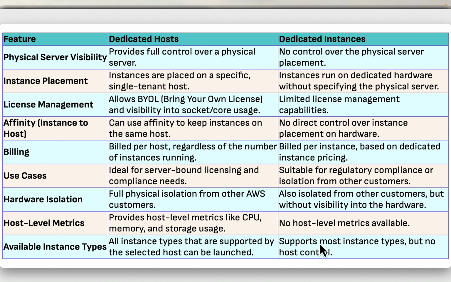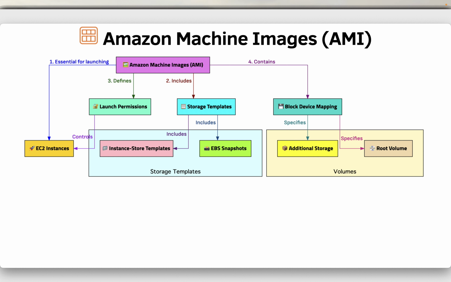And dedicated instances support most instance types but no host control. This one is the most stringent, and you get total absolute control, and it is the costliest also. Here you are guaranteed that all your instances will be placed on hardware but you will not be given control of the hardware.